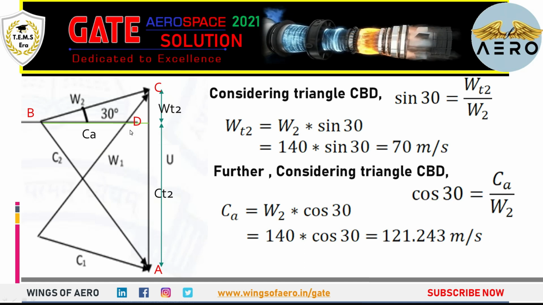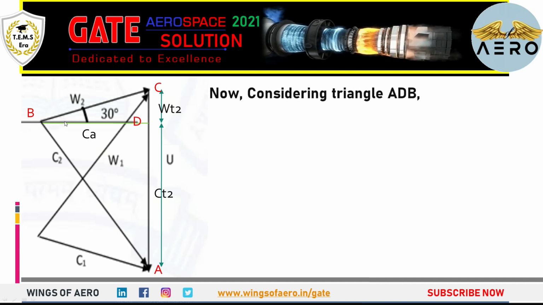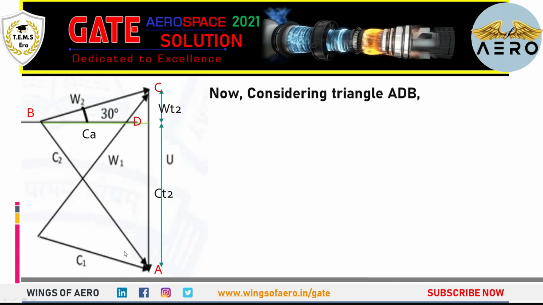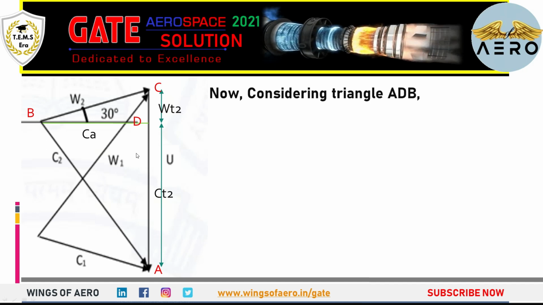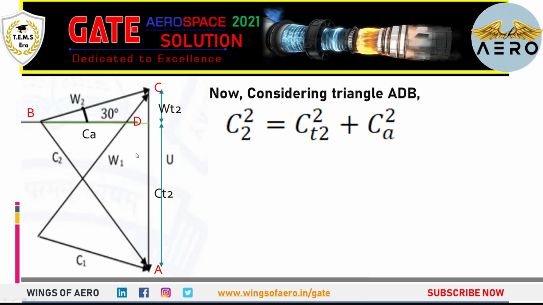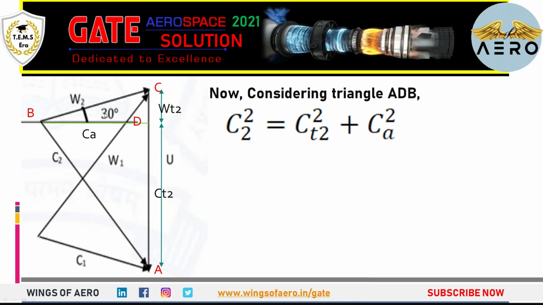Now we will take another triangle called ADB. From that right angle triangle, we can frame this equation: C2 square equals CT2 square plus CA square. We can write this by Pythagoras theorem.